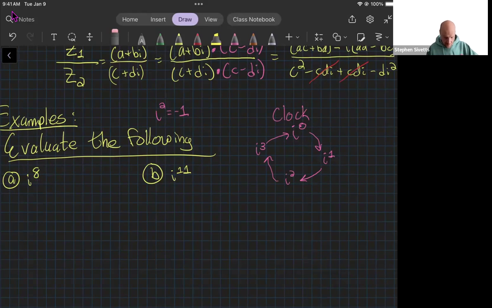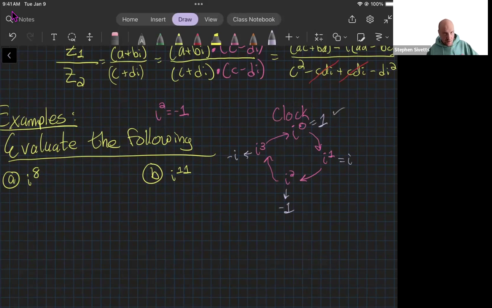If our remainder is 0, the component is 1, since any number raised to the 0 power is 1. A remainder of 1 will be just I. I squared is -1, and I cubed is minus I. I to the 4th is I squared times I squared, both -1, so that equals +1.